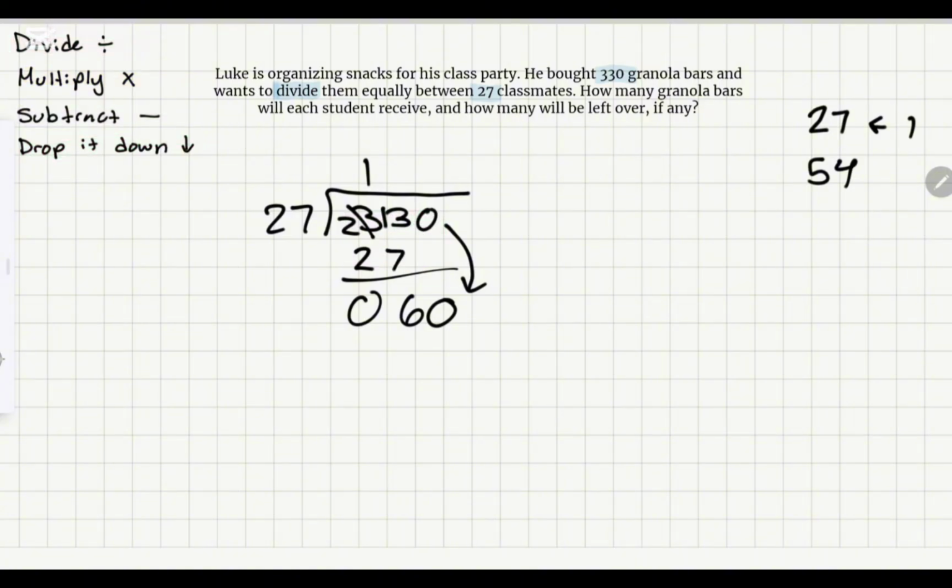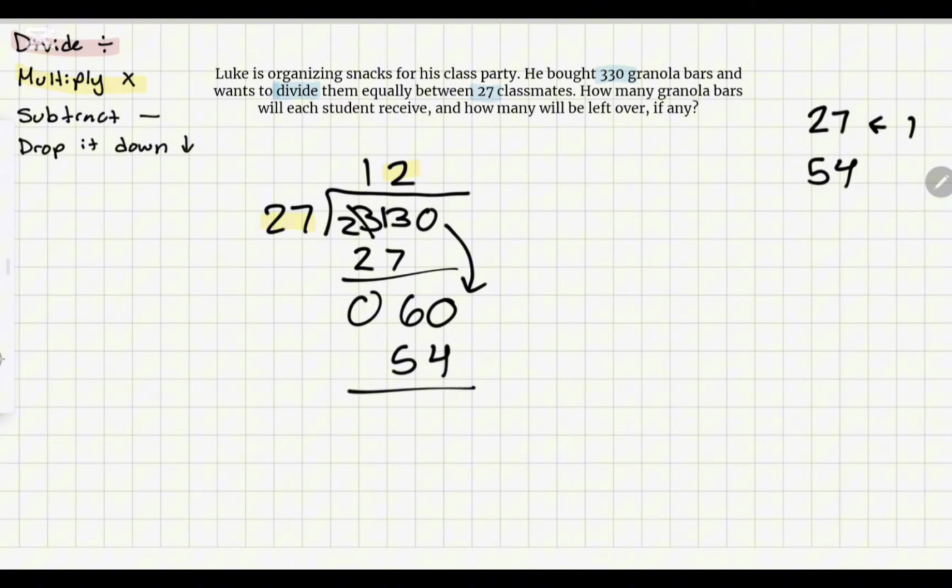All right, now we have to repeat our steps. So divide. How many times can 27 fit into 60? Well, it can only fit into 60 2 times. So I'm going to write that 2 up here, right beside my 1. Next step would be to multiply. So let's do that. I'm going to multiply 27 by 2, which is 54. I'm going to write that right underneath my 60.